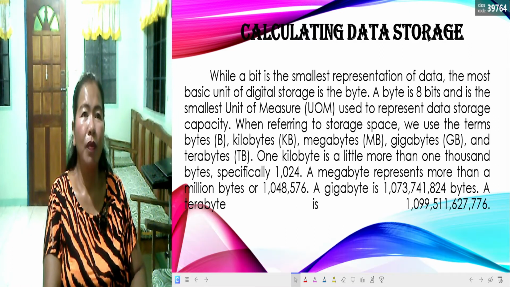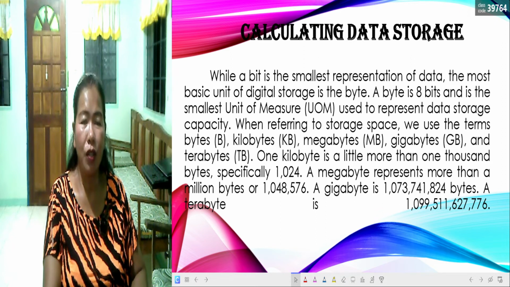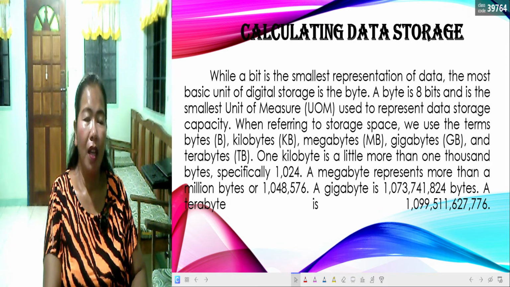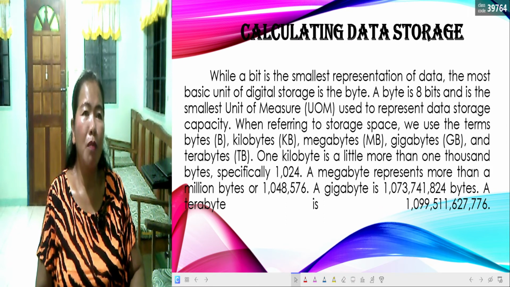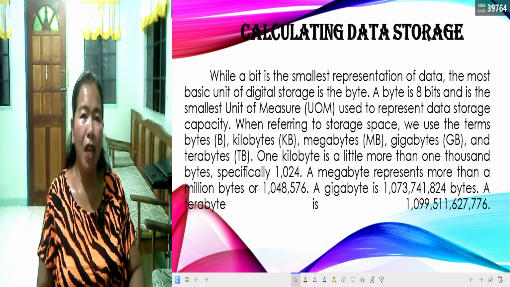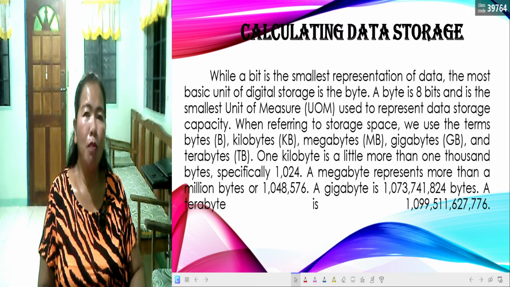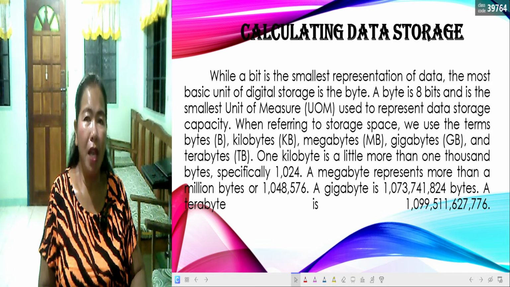So let's proceed to calculating data storage. While a bit is the smallest representation of data, the most basic unit of digital storage is the byte. A byte is equivalent to 8 bits. So meaning if you have 2 bytes, it is equal to 16 bits.